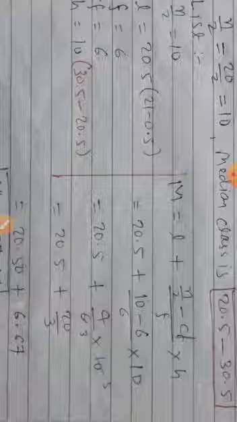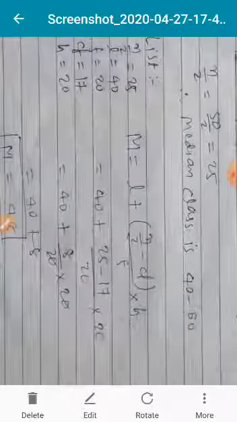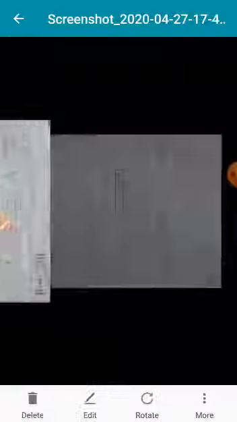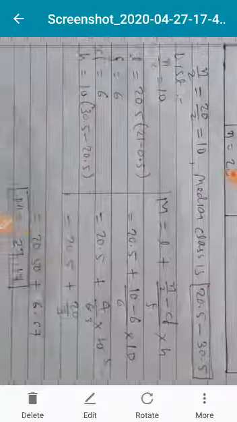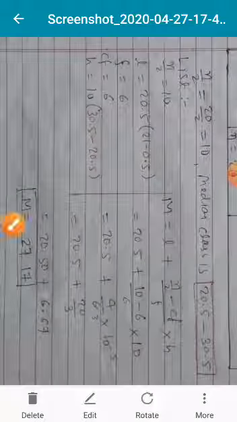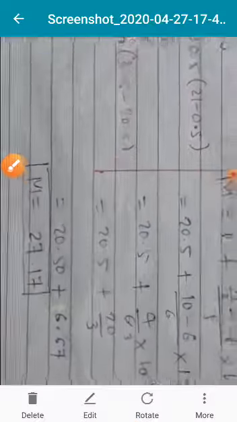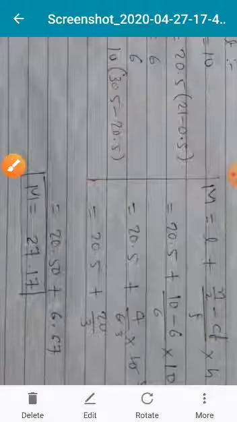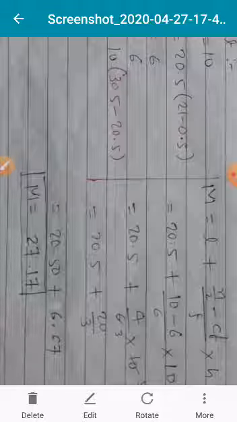Now the second term is converted into decimal. So 20 by 3 is equal to 6.67, so the answer becomes 27.70. Otherwise you can take the LCM also here, but it will be quite long or time consuming.